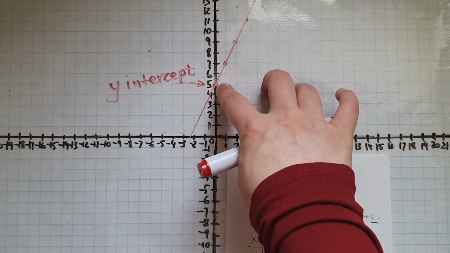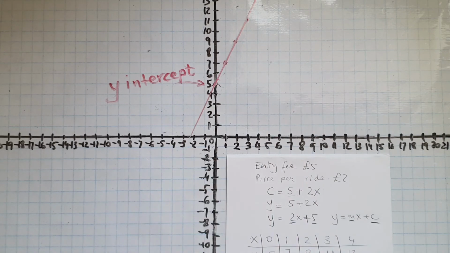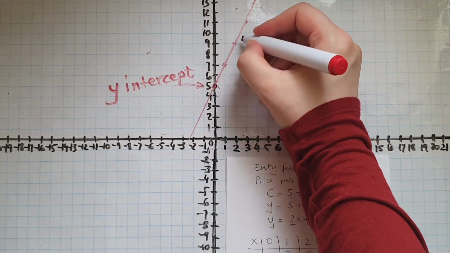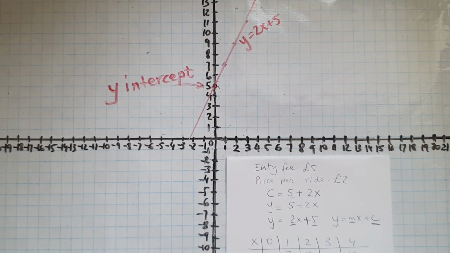Which is the point where it crosses the y-axis. This line is represented by y equals 2x plus 5.